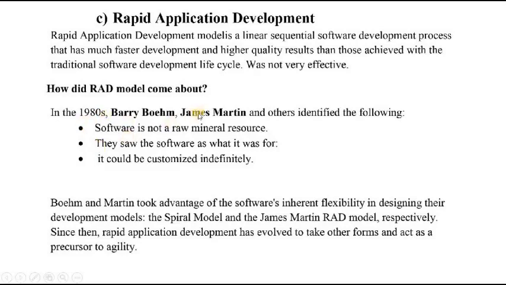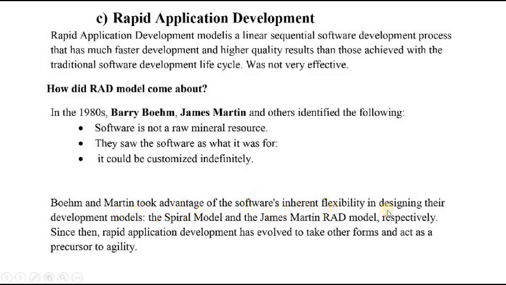How did the RAD model come about? In 1997, Barry Boehm, James Martin and others identified the following. Software is not a raw material resource. They saw the software as what it was for. It could be customized indefinitely.